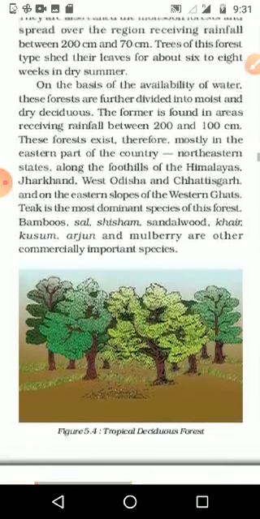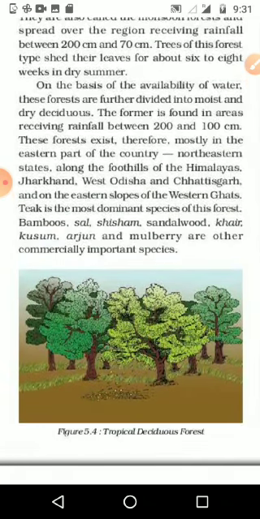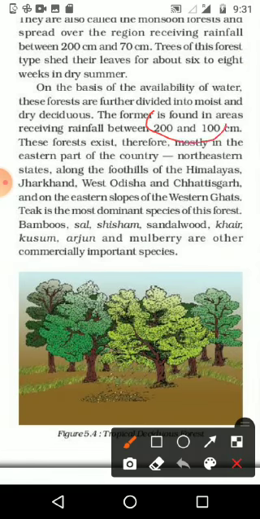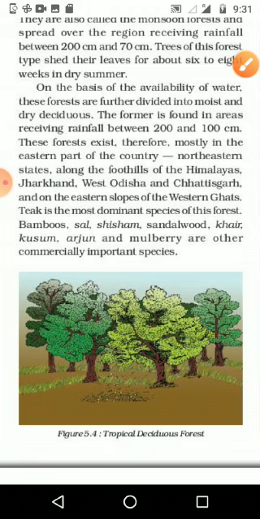So where can we see the moist type of deciduous forest, where we get 100 to 200 centimeters of rainfall? Area-wise, the eastern part of the country, then the northeastern states, then the foothills of the Himalaya, then Jharkhand, West Orissa, Chhattisgarh, then the eastern slope of the Western Ghat. Then what are the major types of trees growing in this area?